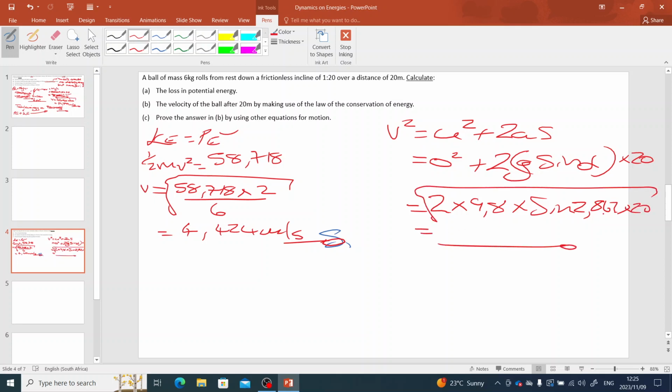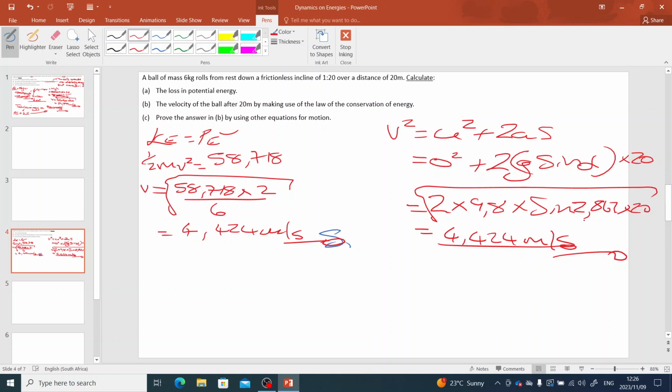Then we get our answer as 4.424 meters per second. Now, this is how you prove using the equations of motion.